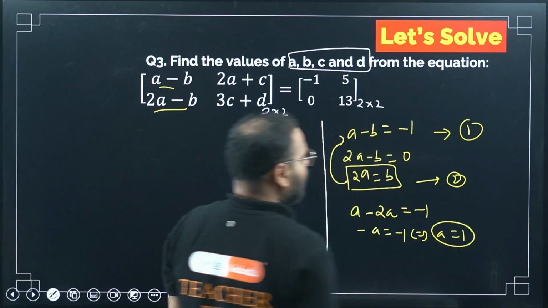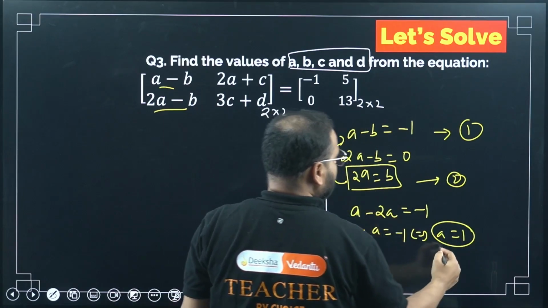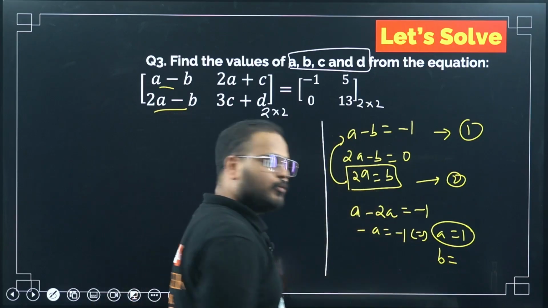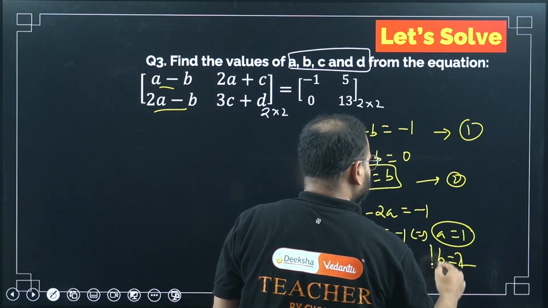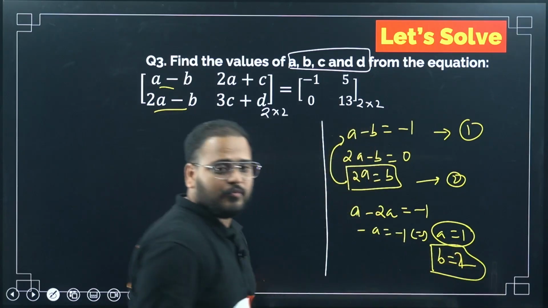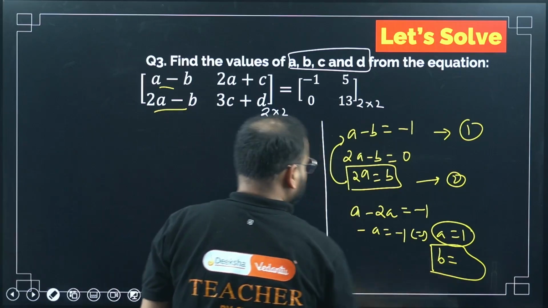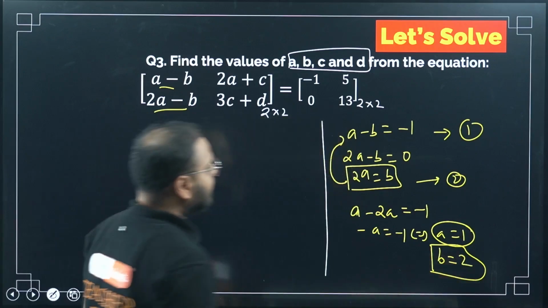A equals 1. A is 1 means b is 2. Please check from this equation: put a as 1, you'll get b as 2 times a, so it will be 2. So we got the values of a and b so far.